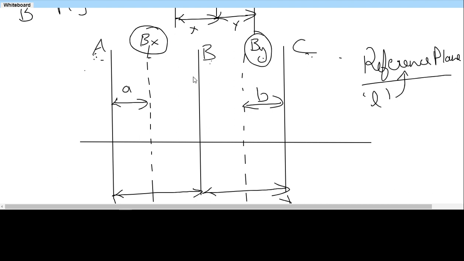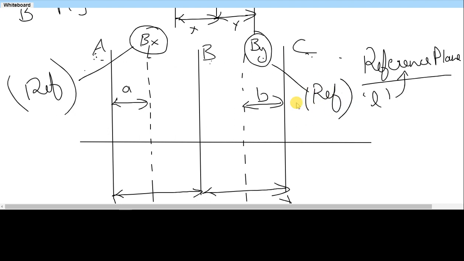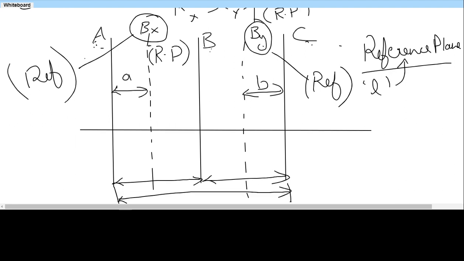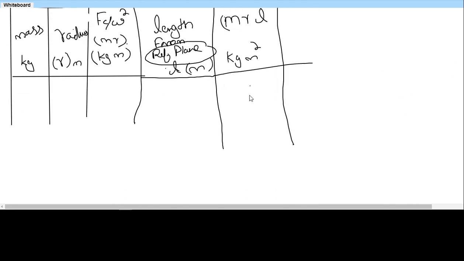So the easiest way to do it is to fix one of the unknown masses as the reference plane. So either Bx acting plane or By acting plane. You have to mention it as Rp in your solution. Here itself you have to mention Rp, or if you want to choose this one, then mark that as Rp. Why we choose one of the unknown masses itself as the reference plane is that we can take all the other distances, and in this column we will get a 0 value for the unknown masses.